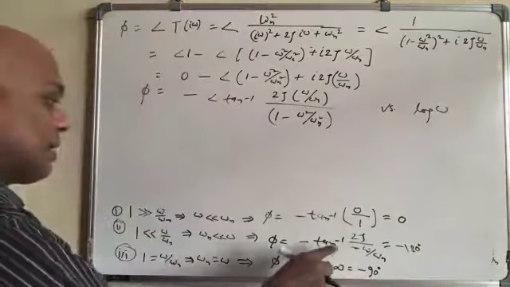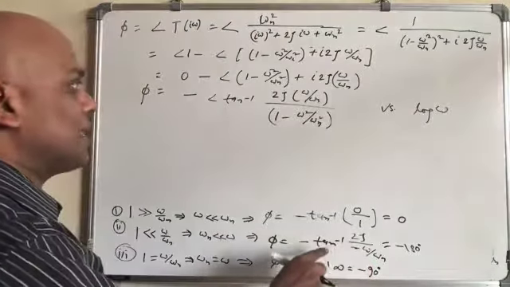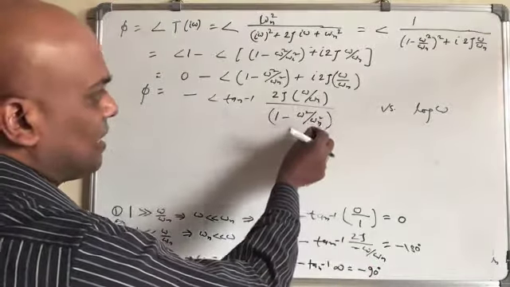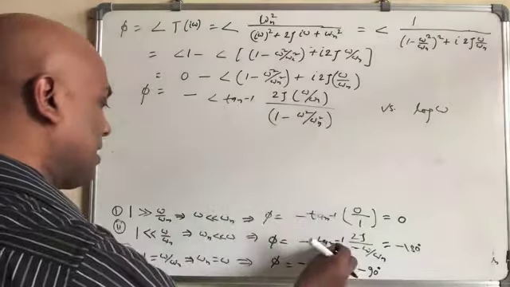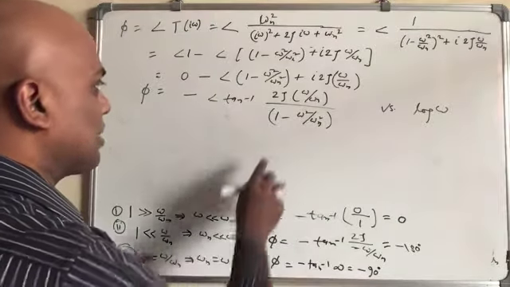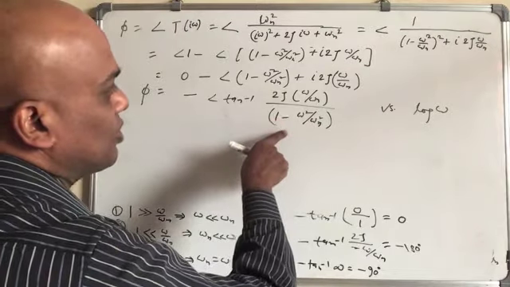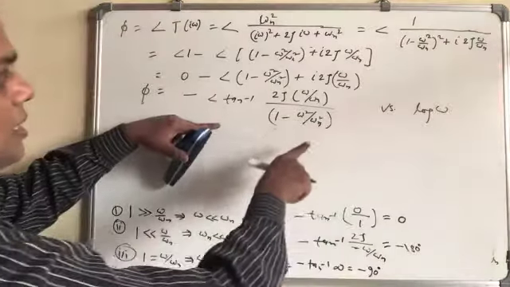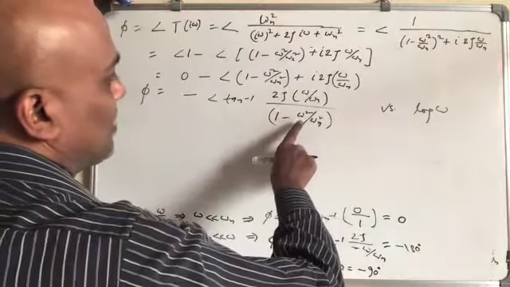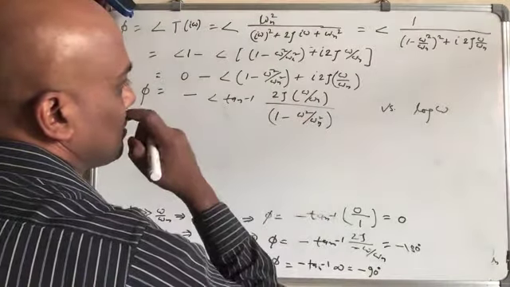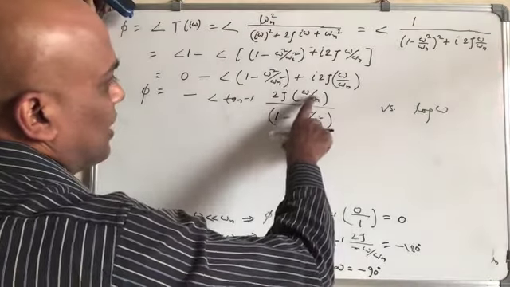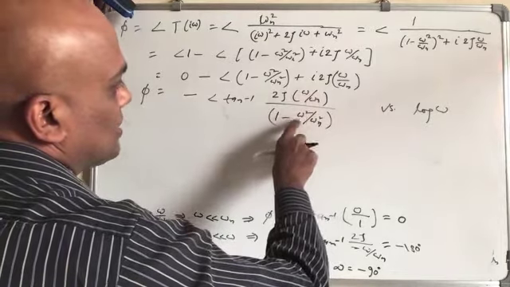So how exactly can we analyze this more? We can see in the vicinity of that, as omega approaches large values, we can see it this way. This is omega over omega n.